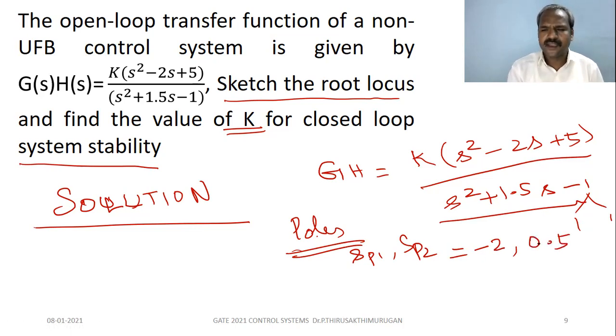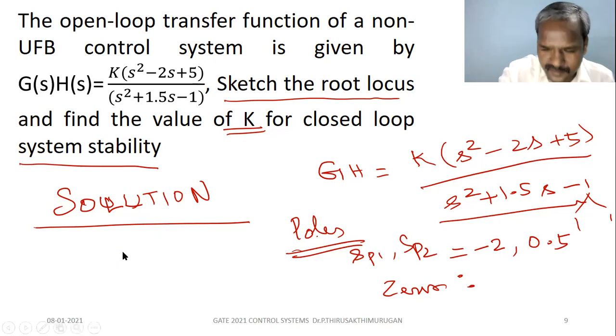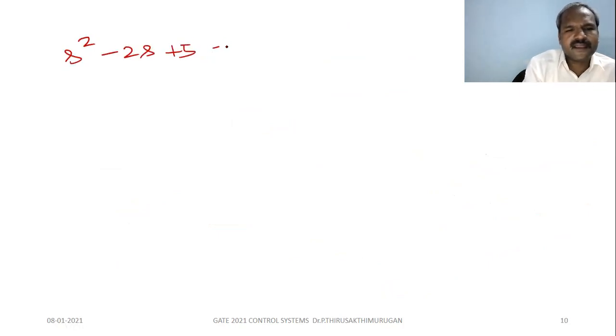Okay, so if you add this, the sum is 1.5, right? Now the zeros: how to find them? S square minus 2S plus 5. Please do it, my students. Tell me the answer.